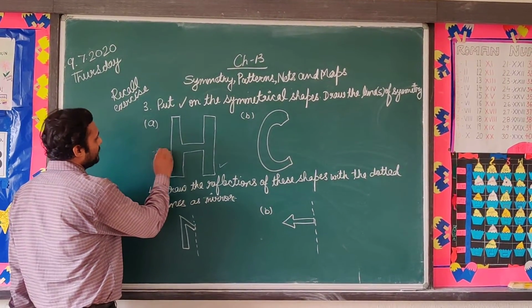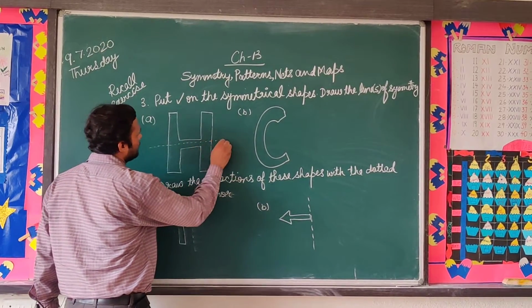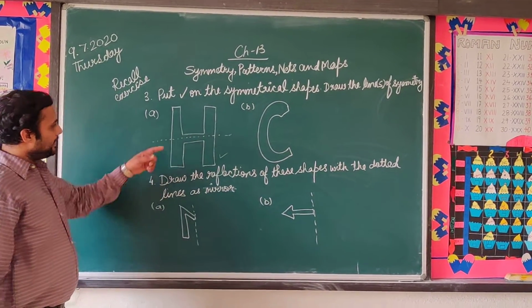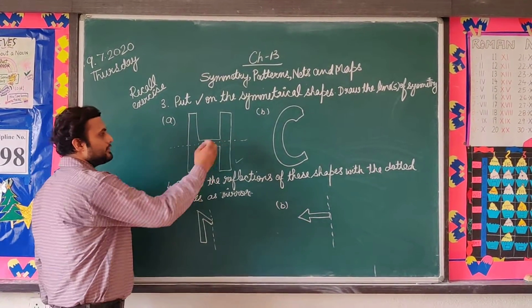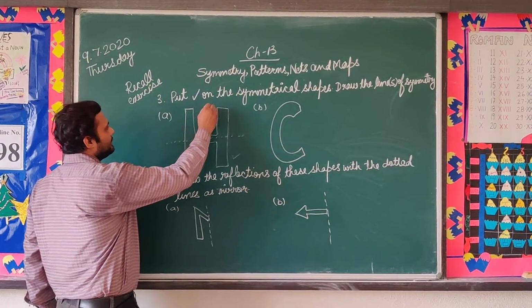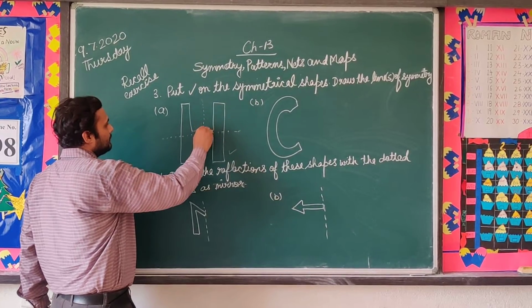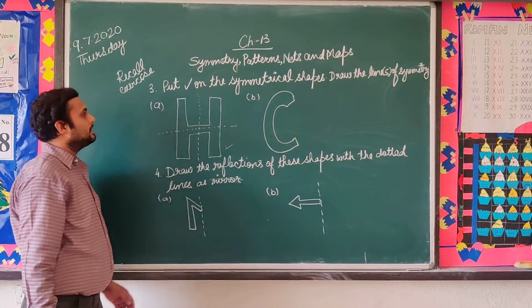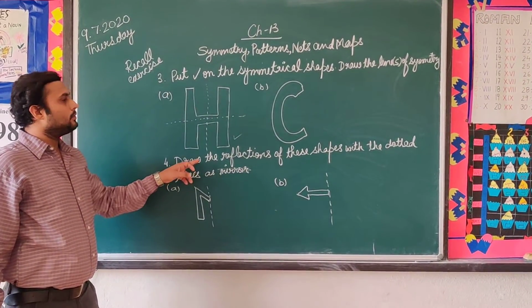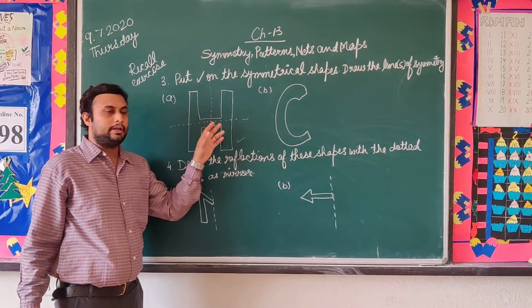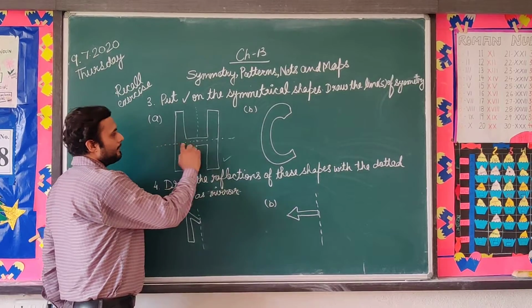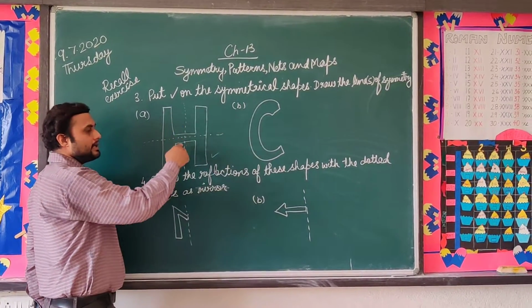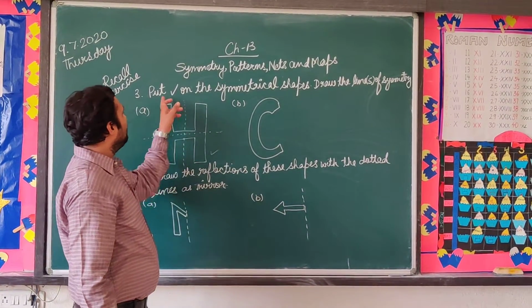If you cut H in this way, it will cut the H into two equal halves. This is a line of symmetry, and one more line of symmetry is if you cut the H this way, so it is also a line of symmetry. In H, we have two lines of symmetry. One is horizontal and second is vertical.